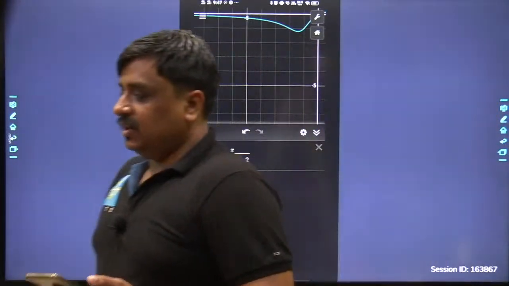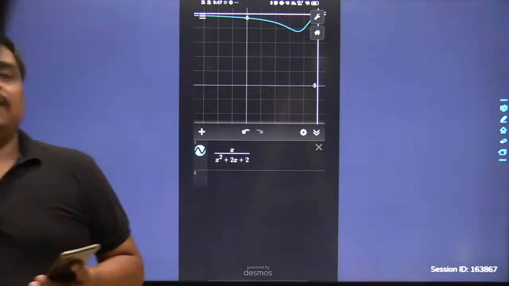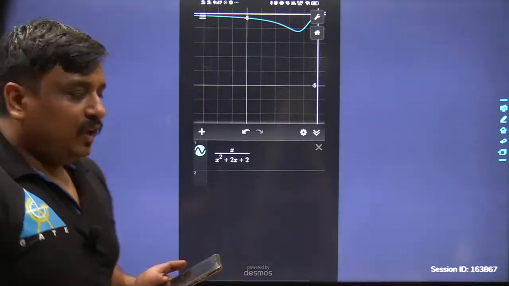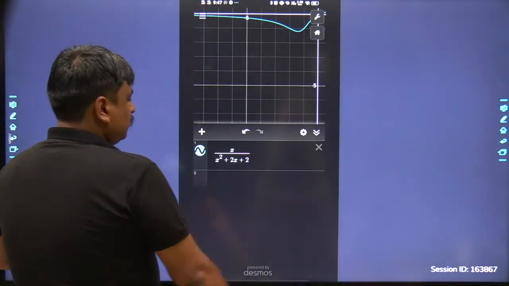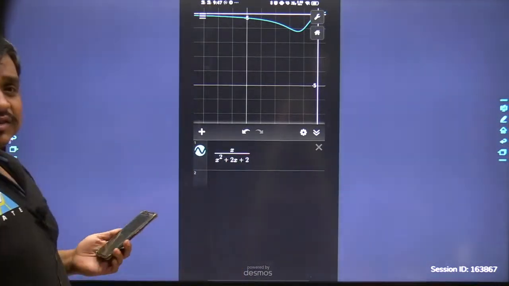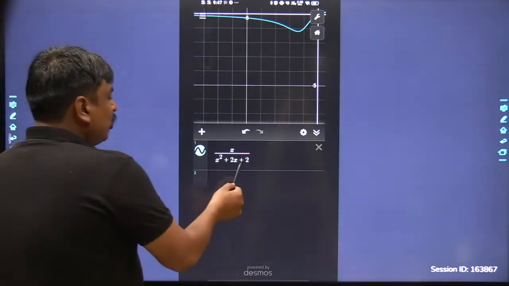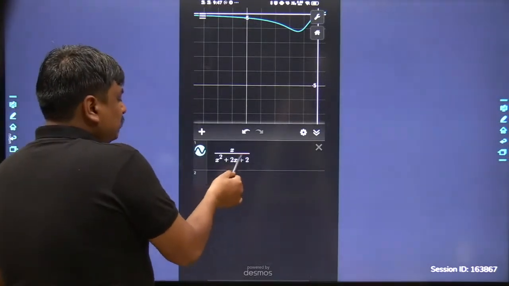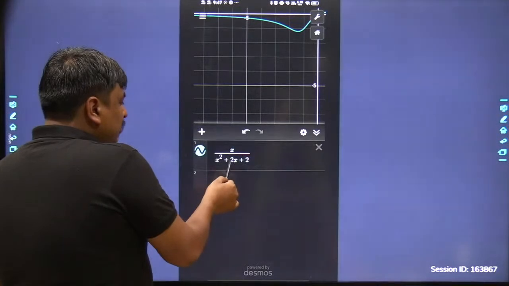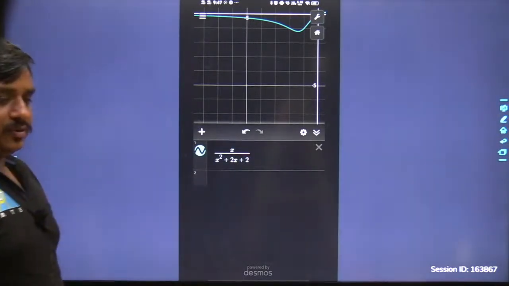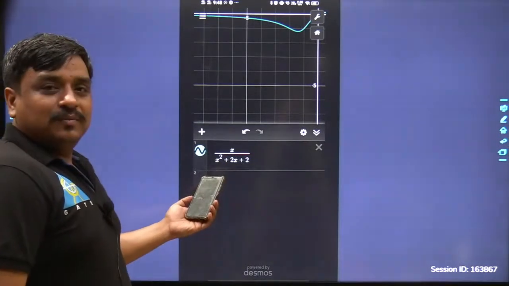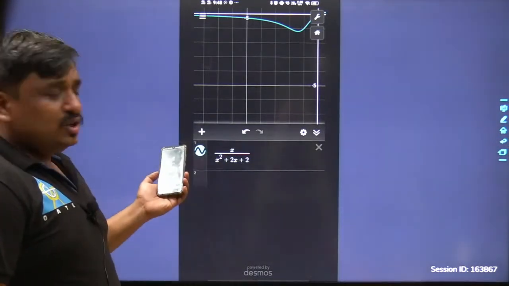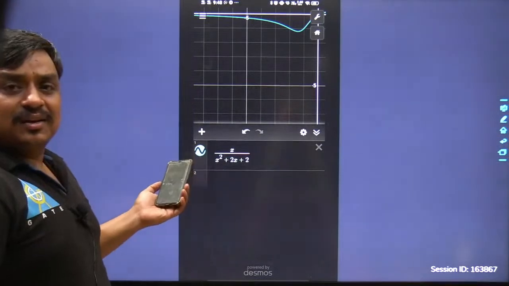Which question should I take? If I change this denominator's polynomial from x square plus 2x plus 2 to x square plus 3x plus 2, would the function be continuous throughout its range, or would it become discontinuous at a certain point?